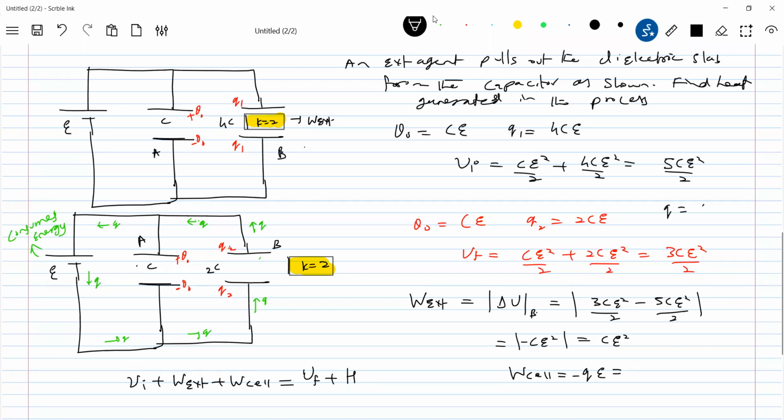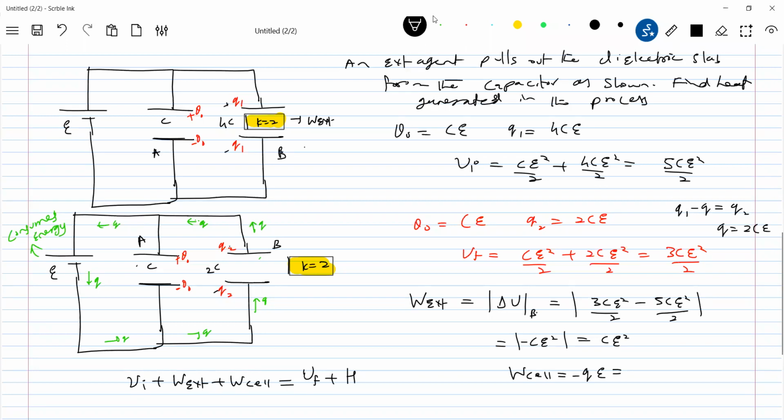Q is equal to Q1 minus Q, equal to Q2. So this Q equals 2C. Why negative? Why did we take it negative?